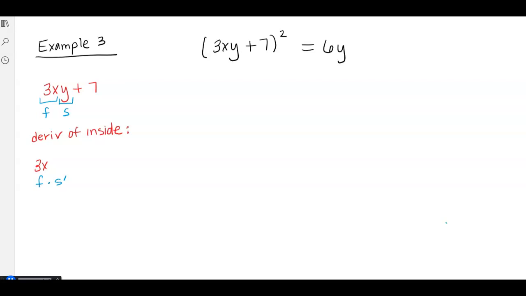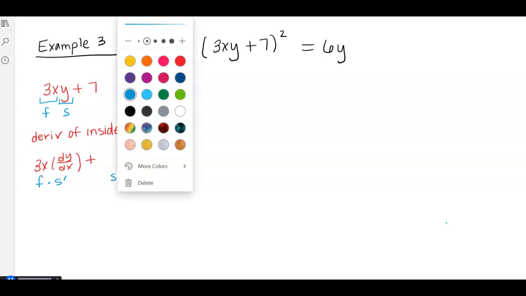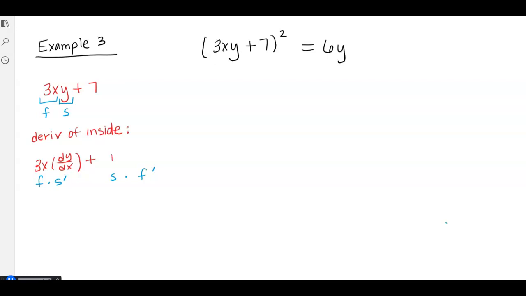Technically, the derivative of y is just 1, but we'll put 1 times dy dx, plus the second function, which is y, times the derivative of the first. So the second function is y, and the derivative of the first function is 3, the first function being 3x.